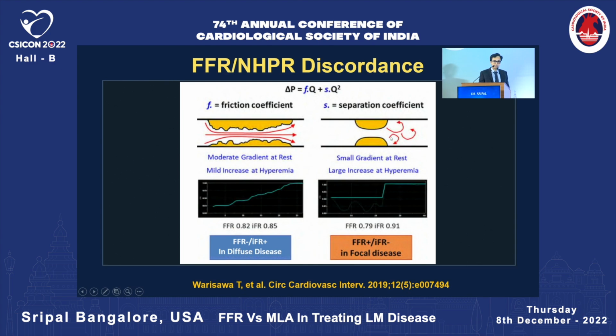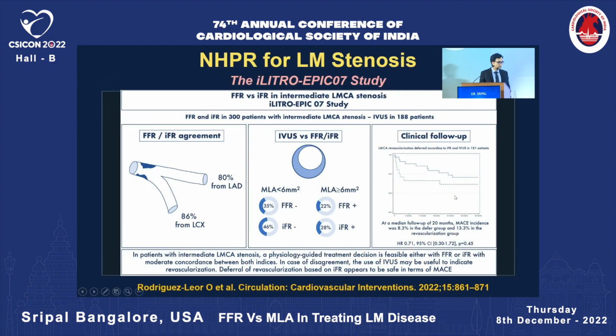If you have a tight, short, proximal lesion supplying a large territory, these are the patients where the non-hyperemic pressure ratios can be falsely negative. These are the ones where there is a large increase at hyperemia, and so you may unmask a significant gradient with hyperemia rather than at rest.